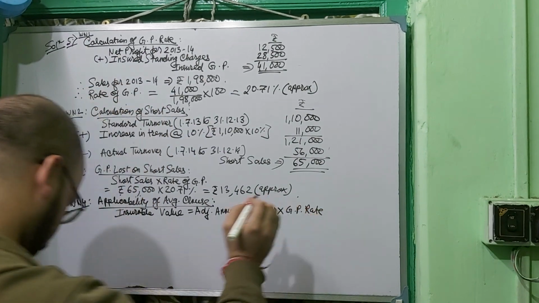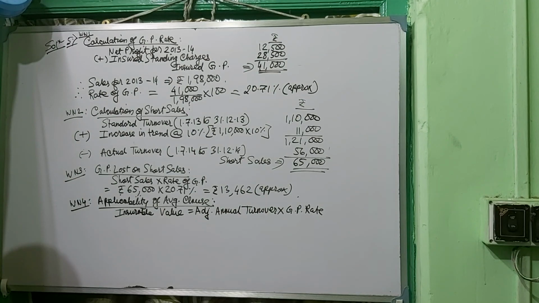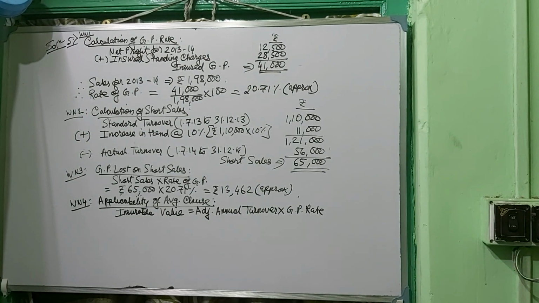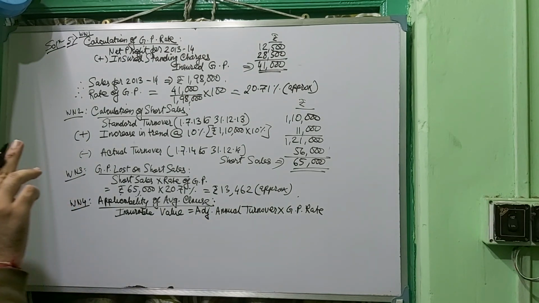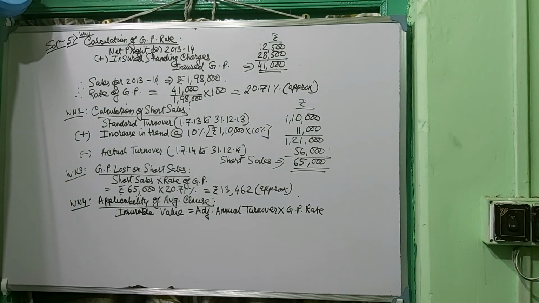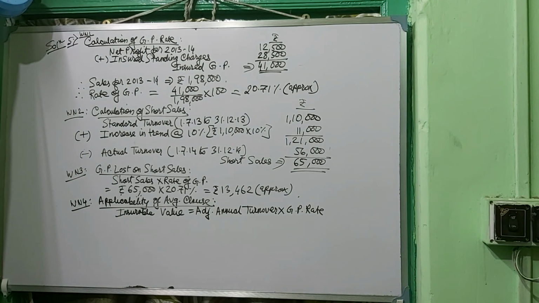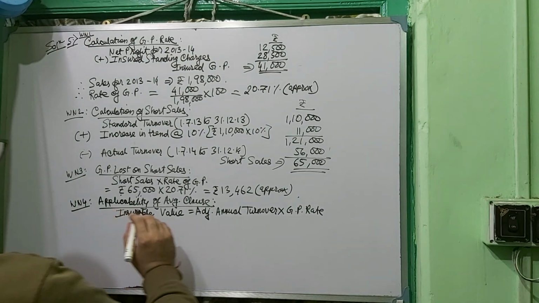Adjusted annual turnover is given in the sum, which is the turnover for the year ended 30/6/2014, because the indemnity period is 6 months, and that is the turnover you calculated on 30th June 2014, which is 2 lakh.